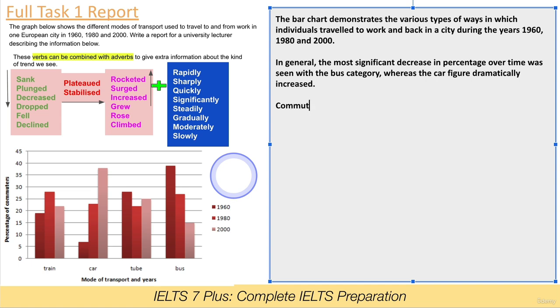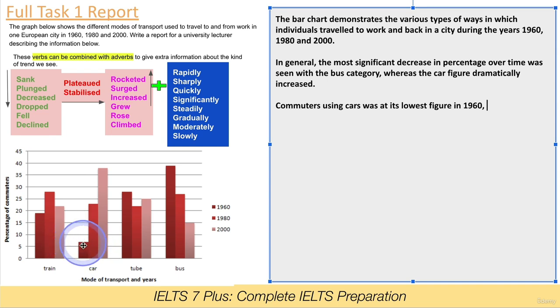We could say something like commuters or individuals or people. Commuters using cars was at its lowest figure in 1960.